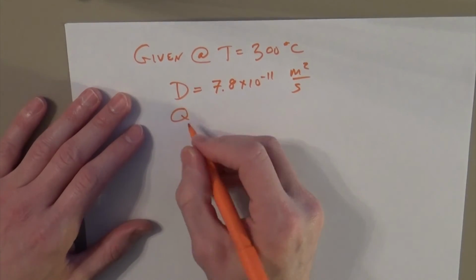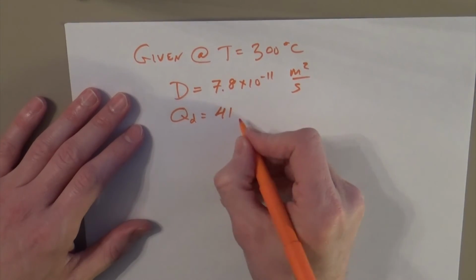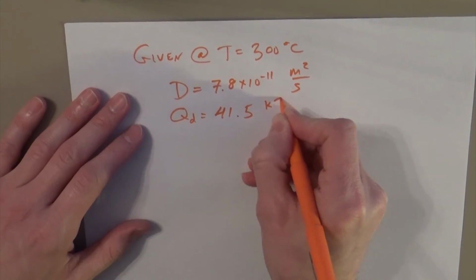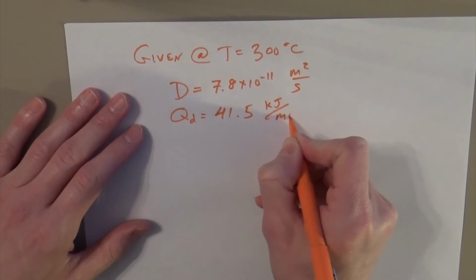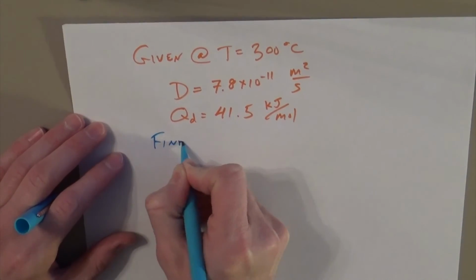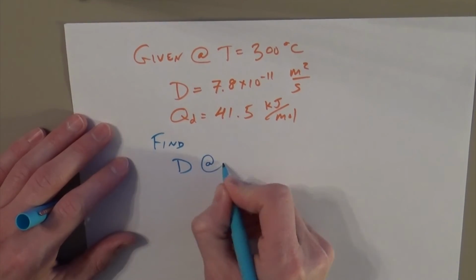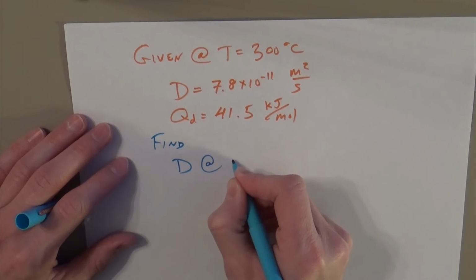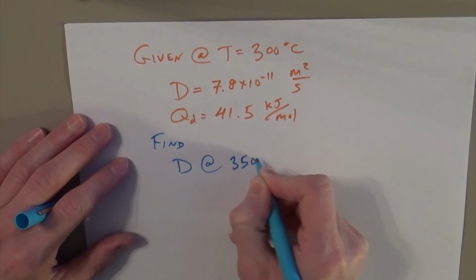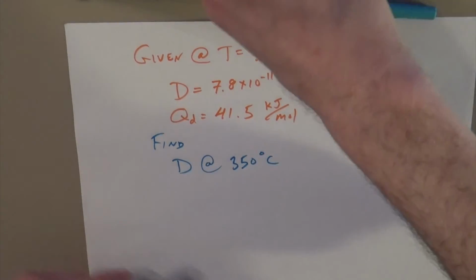And let's say that we know that the activation energy is 41.5 kilojoules per mole. So if you're given that, let's find the diffusion coefficient at 350 degrees C. Okay.